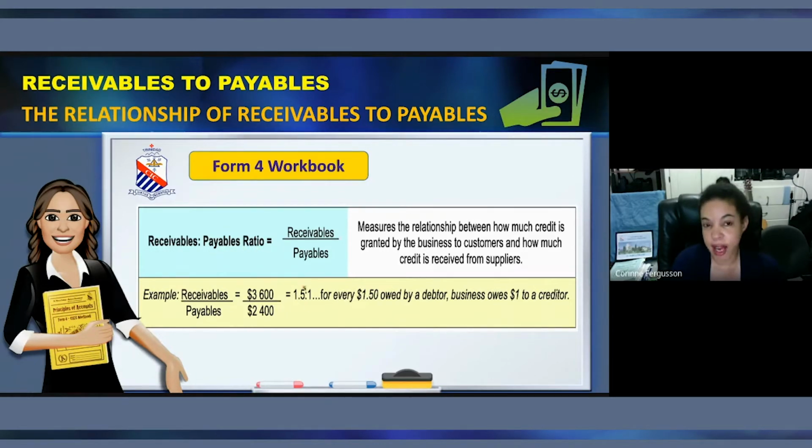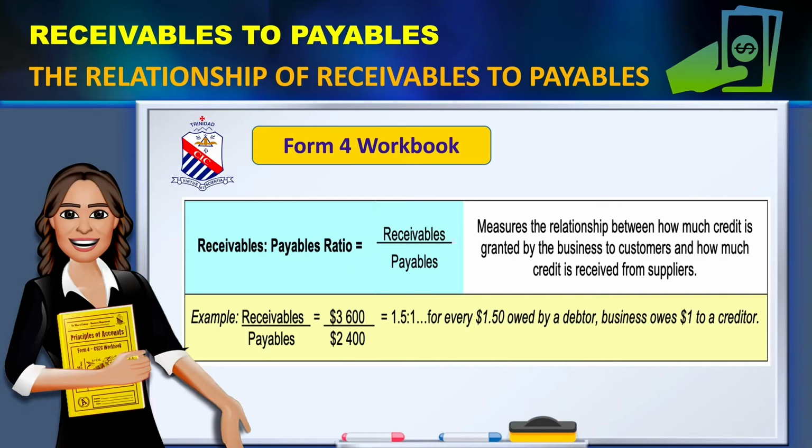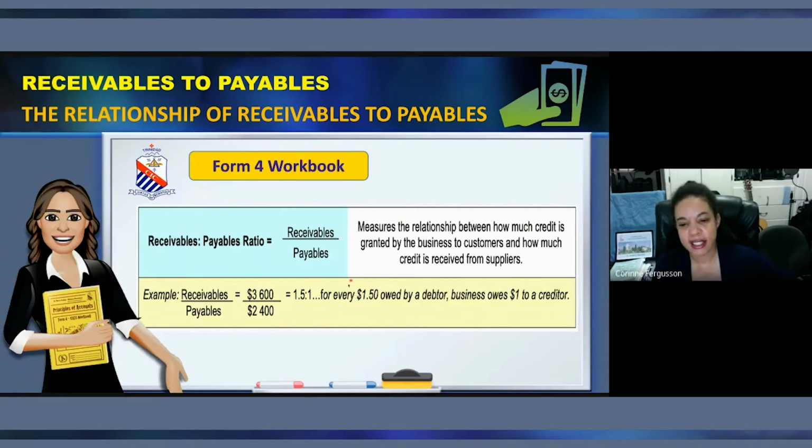So whatever answer you get, in this case 1.5, you are going to put colon 1. And that means for every $1.50 owed by debtors, the business owes $1 to creditors. So the business is owed more by the receivables than they owe the creditors.